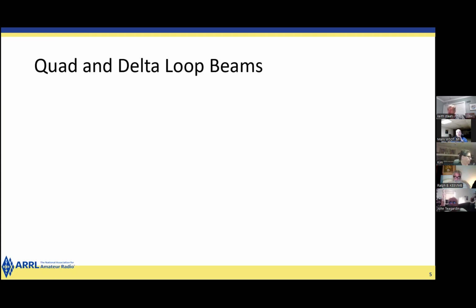And so you would get a switching mechanism that would work that way. Yeah, loops are usually quieter, isn't that right, Marv? For receiving? Yes, they are. Yeah. They are quieter.